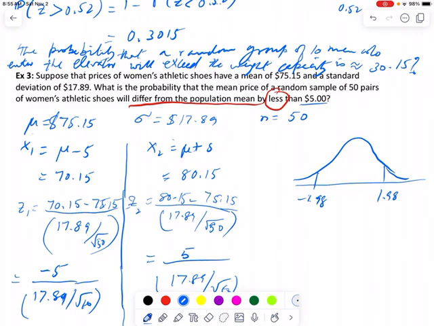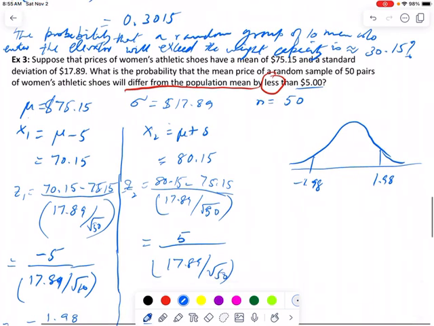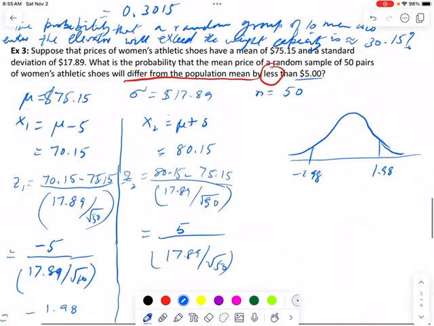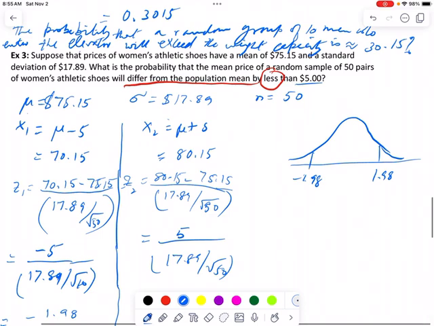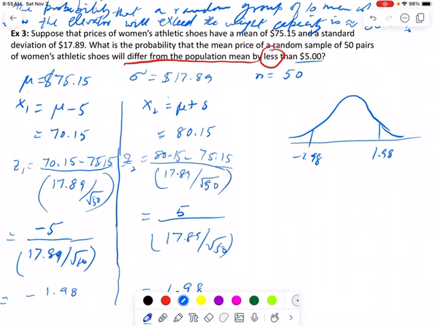So which area do we want? We want the difference to be less than 5. Now think about it. Let me make another curve and then show you.